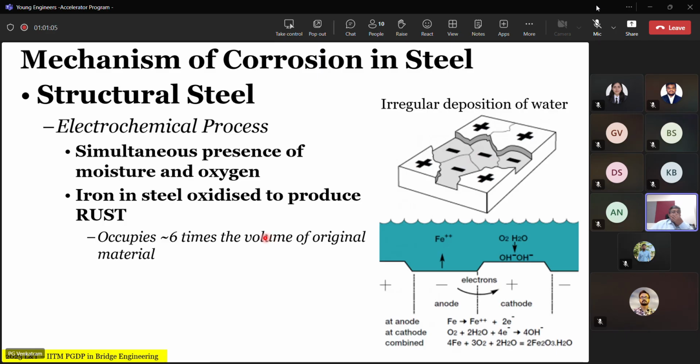So the question is, what does that mean? The corrosion process is accelerated by the presence of moisture, and along with the moisture, the presence of dissolved oxygen. Now, how do you understand? Do one experiment in your house.